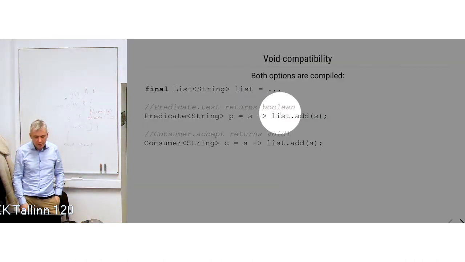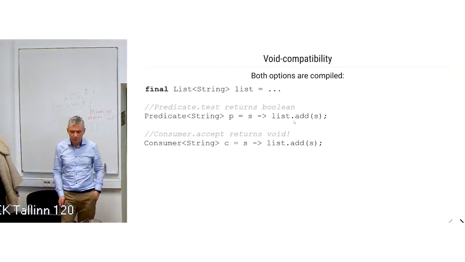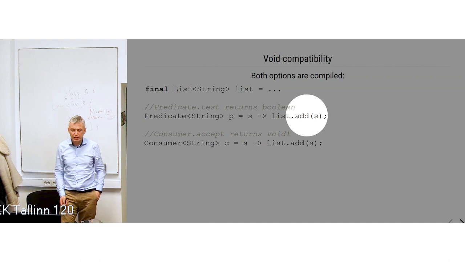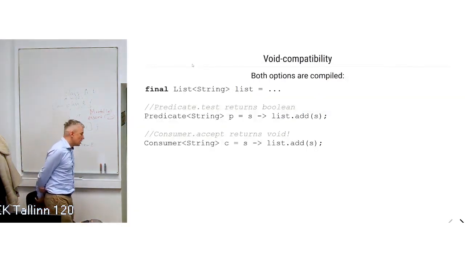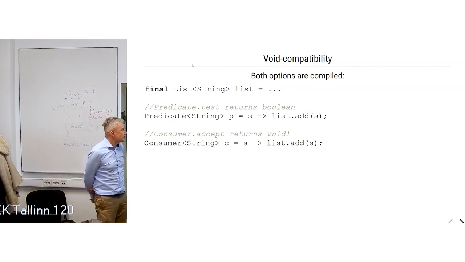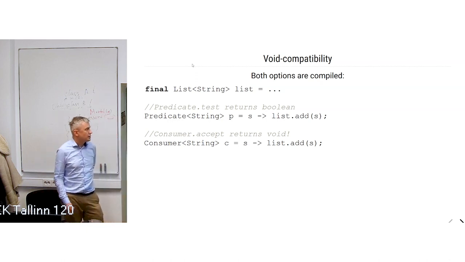For example, list.add returns boolean, and thus it's assignable to Predicate, right? It's quite unusual, because list.add returns a boolean, and thus it not only says something about s, but it also mutates some external state. So this is maybe an unusual example of a lambda, but still it's a valid one.